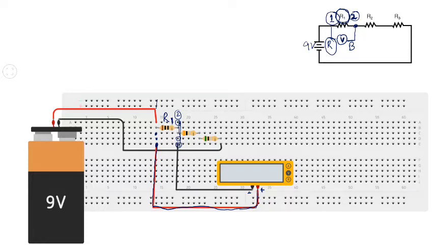Therefore I connected it here, meaning now whatever voltage is across resistance R1, your reading will be shown to you on the display screen of your voltmeter.